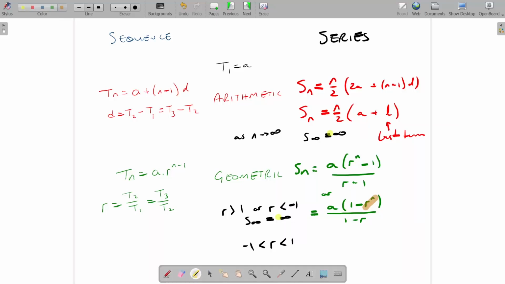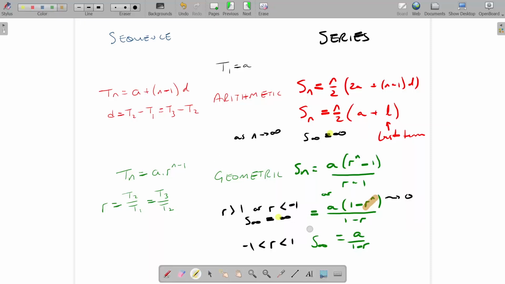Times by half, so a half cubed is an eighth. It becomes even smaller. So this value is going to head off to become 0. And if it heads off to become 0, what we now have is a useful little extra formula that is only available for geometric series, and that is that the sum to infinity is equal to a over 1 minus r. That formula is useful and important to know.